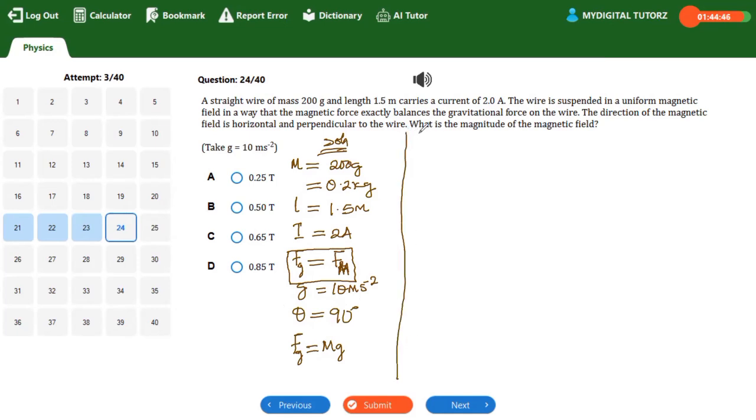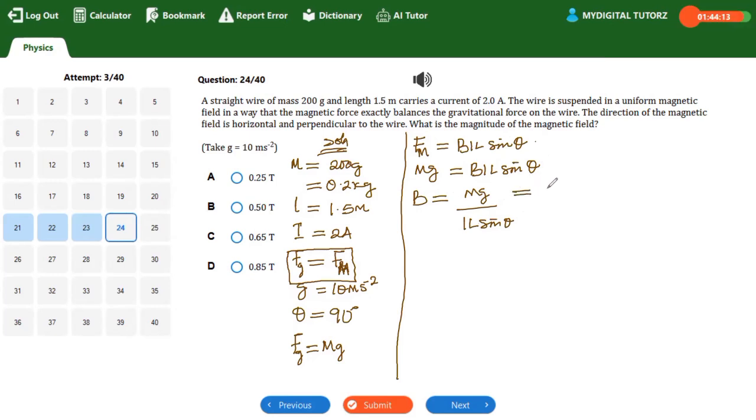And also the magnetic force FB or FM is given to be BIL sine theta. So when they are equal, mg will be equal to BIL sine theta. So we can make B subject of the formula. That is what we are looking for.